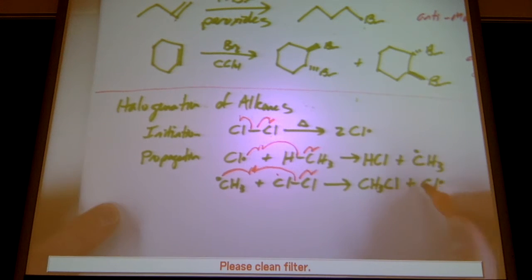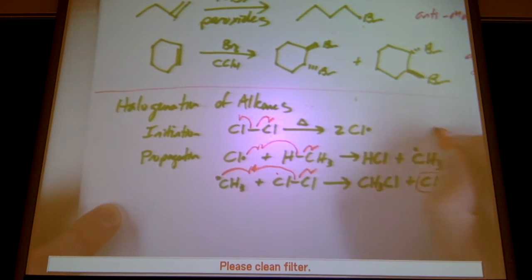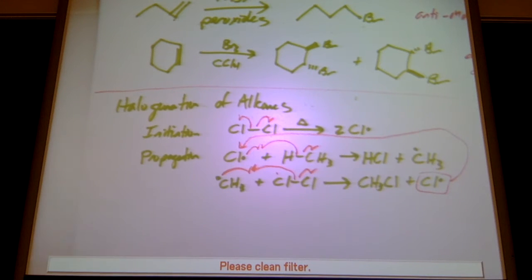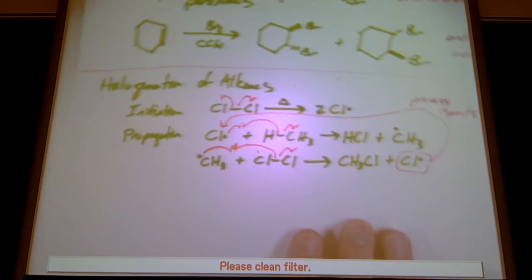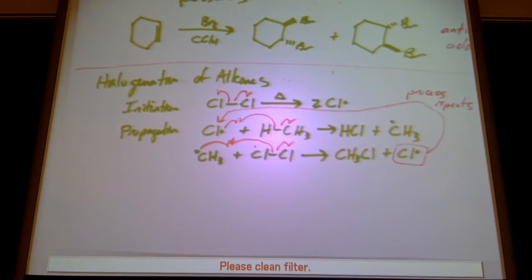And so that chlorine radical then could react with more methane. The process just repeats. But it can do that with any hydrogen in your molecule until you reach a termination step.